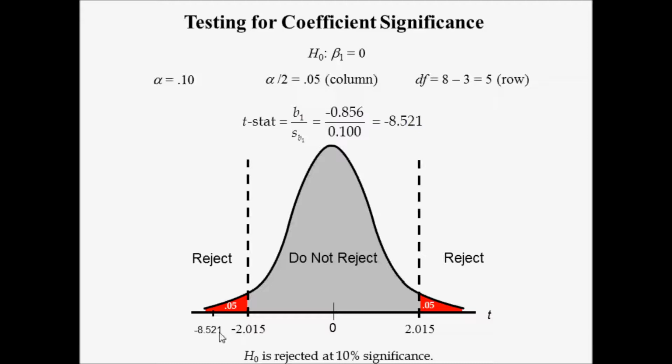In other words, because the test statistic is not in between the critical values, the variable price of lobster is not an insignificant predictor. In fact, it is a significant predictor. What that means is when the price of lobster goes down, we expect the quantity demanded of lobster consumed to go up.